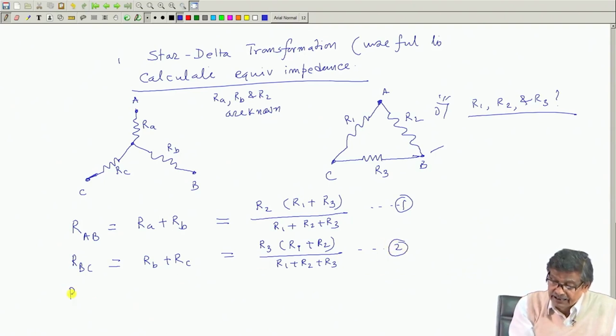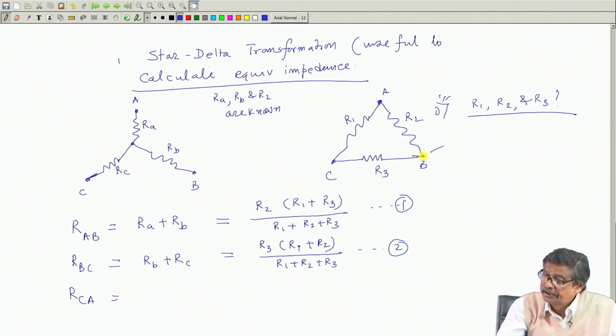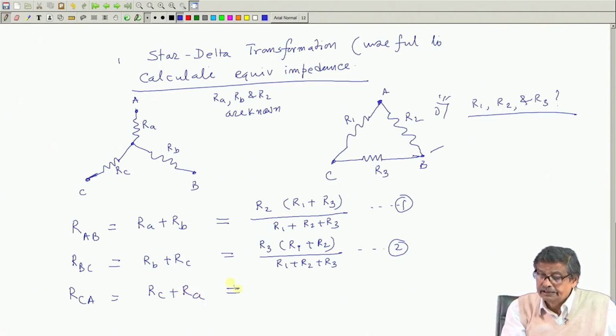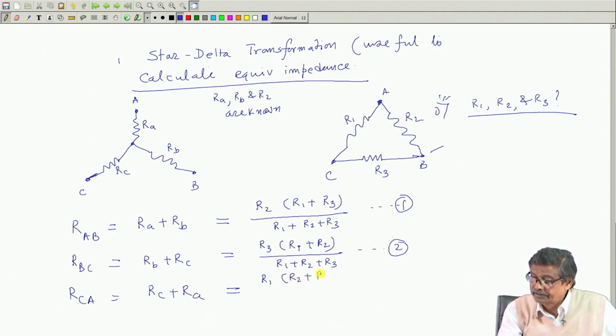Thirdly, across CA, I will calculate the equivalent resistance with nothing connected to B here and in this circuit. What is the equivalent resistance here? RC plus RA. And this must be equal to, across RC, it will be R1 in parallel with R2 plus R3. So, R1 into (R2 plus R3) divided by R1 plus R2 plus R3.